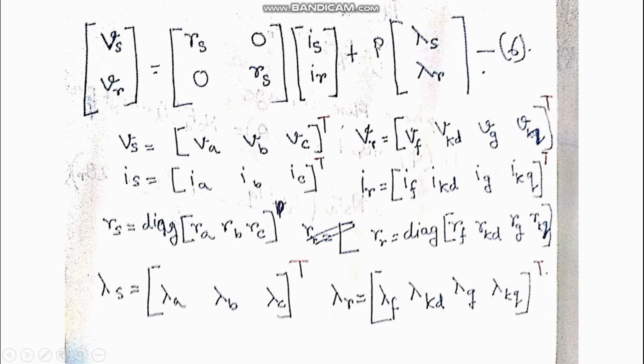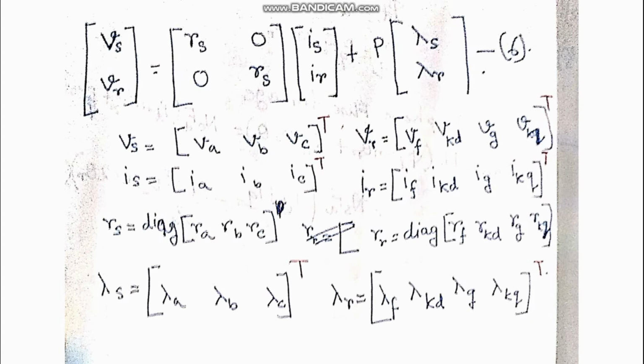Do remember this P indicates not the number of poles, rather it indicates differentiation with respect to time. It is not convenient for us to write d by dt all the time, so to make it convenient, we have written it in this way.